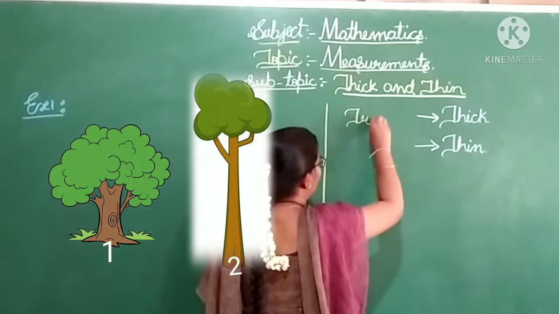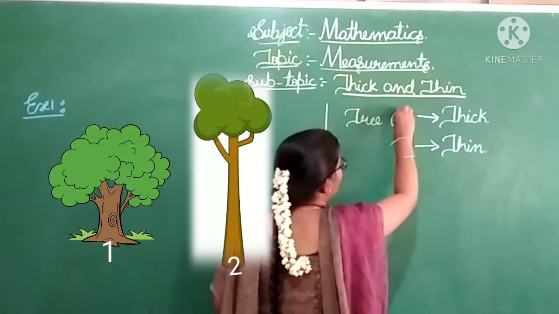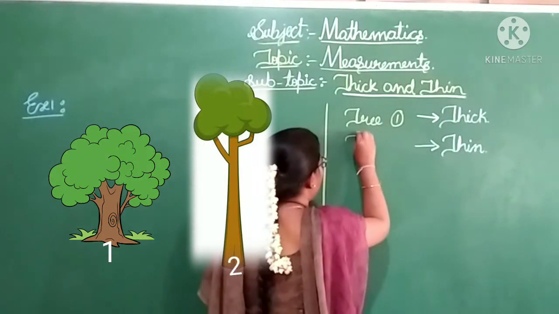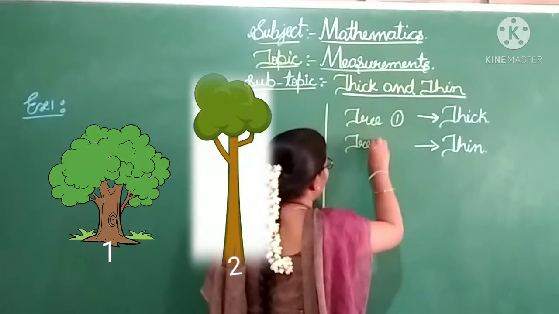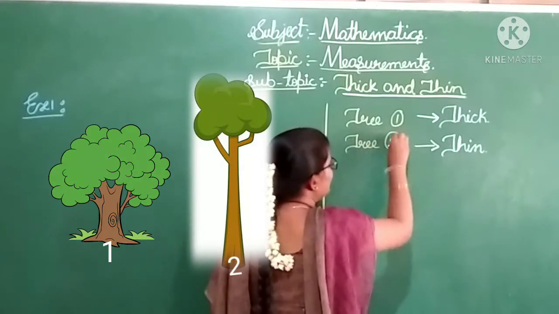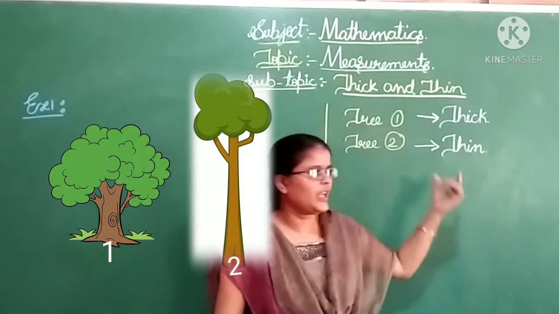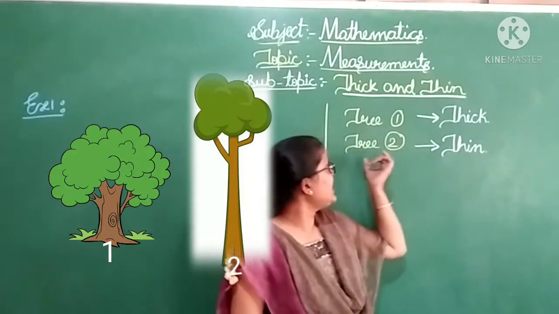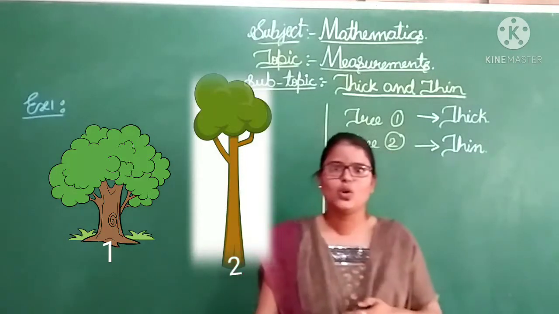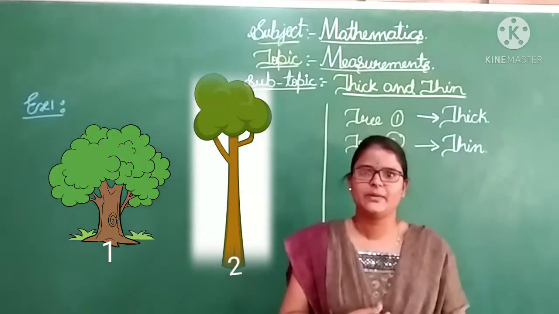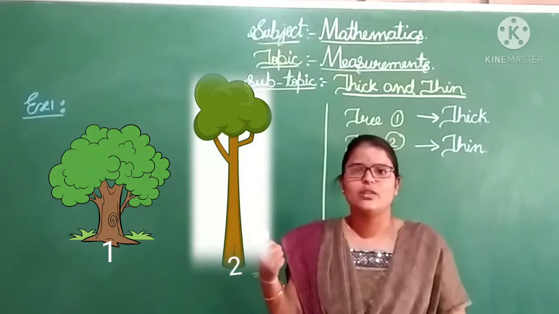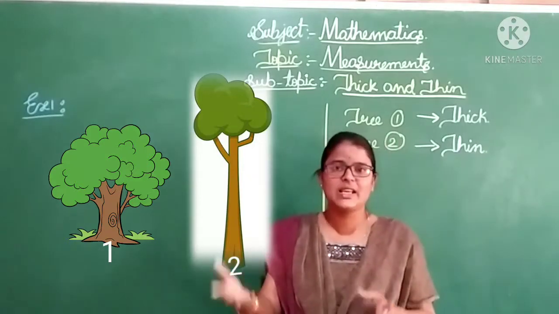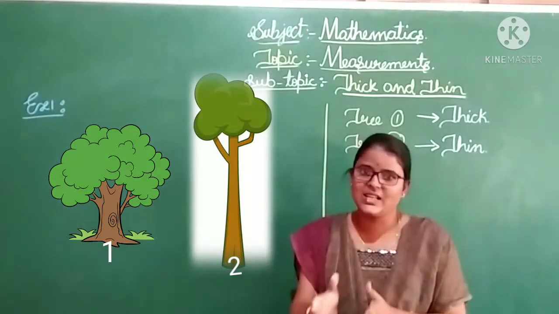Tree 1 is the thickest tree and tree number 2 is the thinnest tree. I have given the numbers on the trees. The first tree is thickest and the second tree is thinnest.